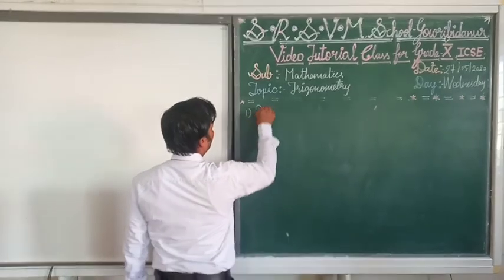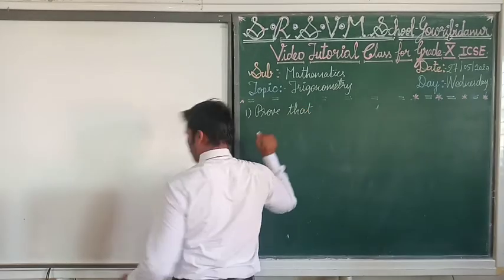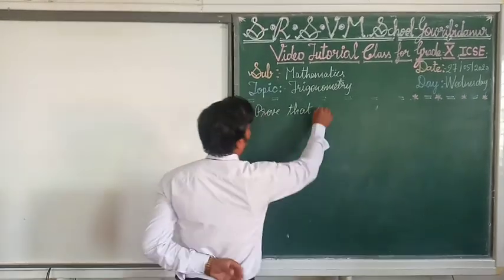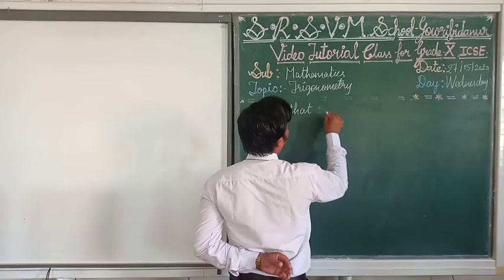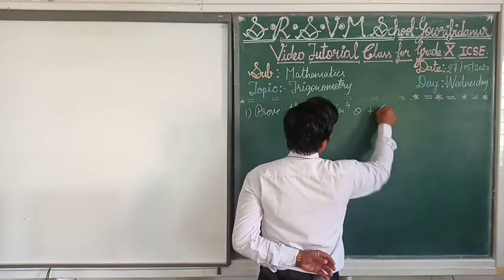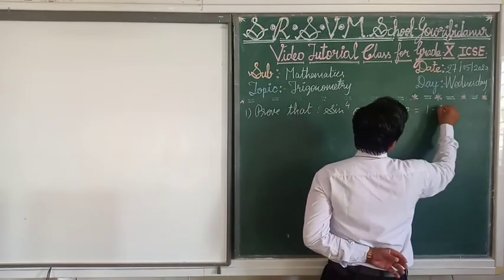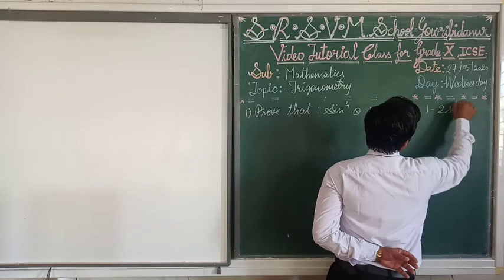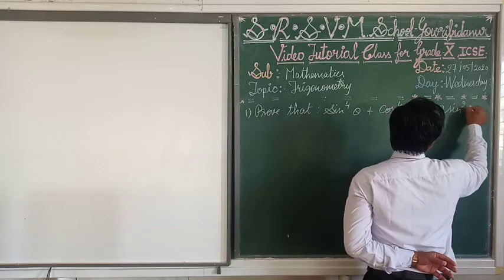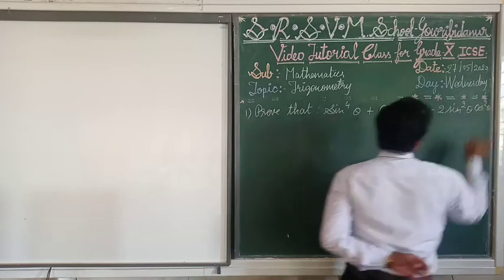First sum, prove that sin power 4 theta plus cos power 4 theta is equal to 1 minus 2 sin square theta into cos square theta.